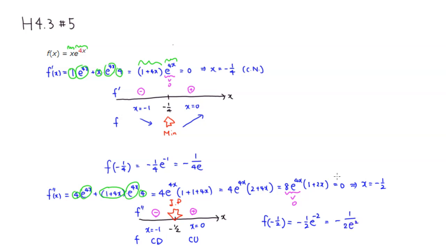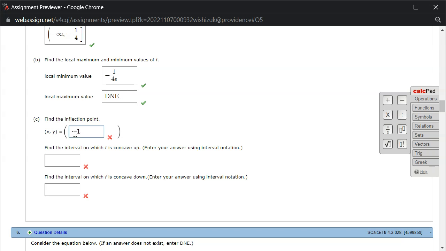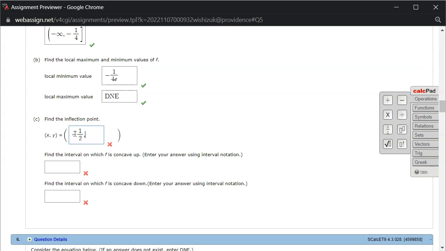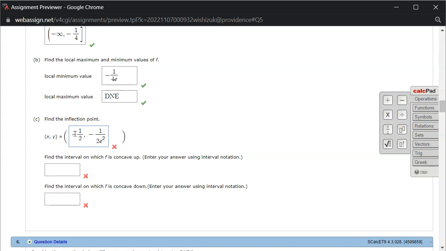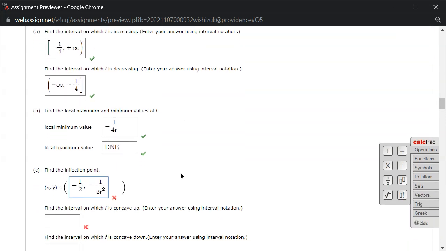So for the inflection point, we're going to just plug it in. The inflection point is negative 1/2, comma, negative 1 over 2e squared. Let's see, is that right? 2e squared, right, so you just plug it in here. So we have that.